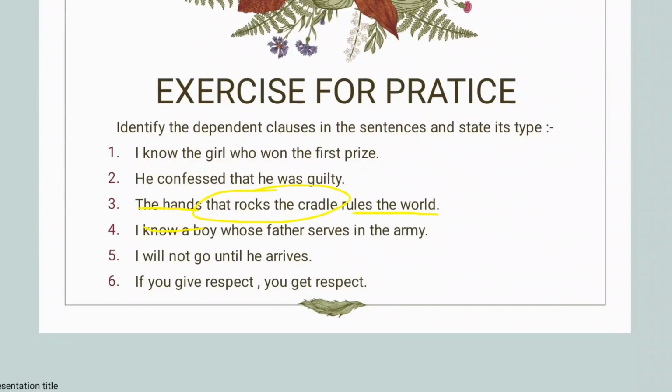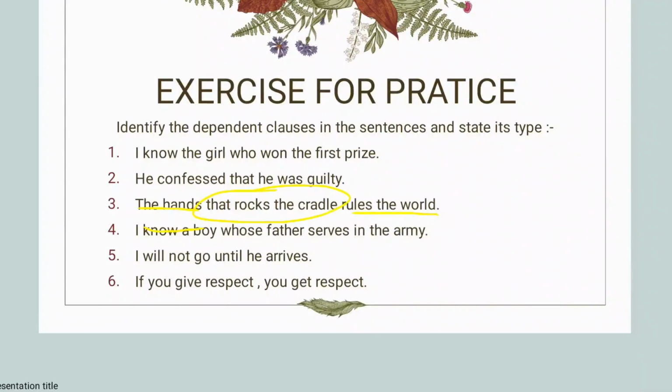So it is qualifying the verb. So it is adverb clause. Until is the subordinator. In fourth one, whose was the subordinator. In third one, that was the subordinator. And in second one also, that was the subordinator. So these are all subordinators.